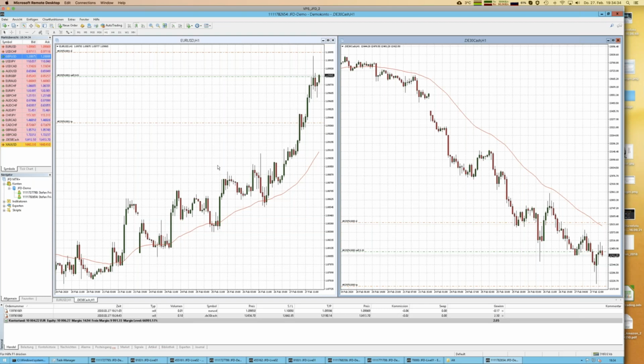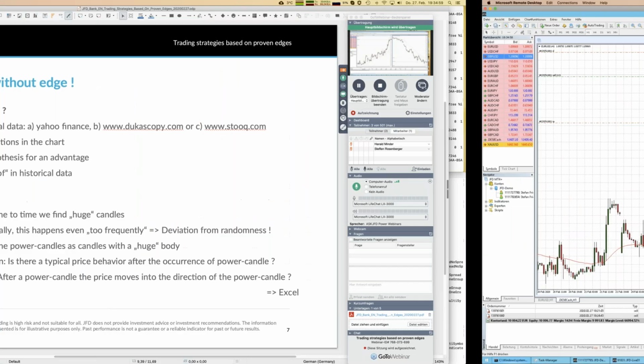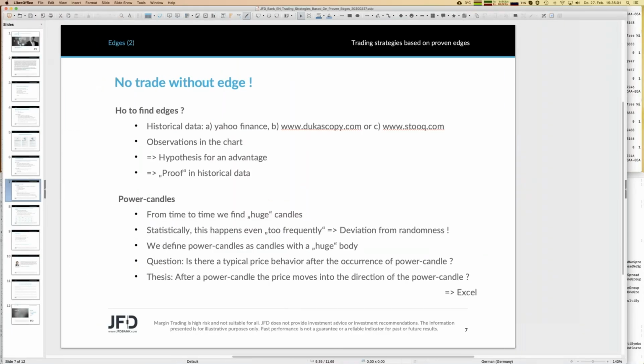Do I have an opposite, a good example? A semi-huge candle in red. Here, price went down for the next couple of candles. So that is the hypothesis: huge candle, and the price follows the same direction for the next few candles. That's an idea. And now let's try to prove it.